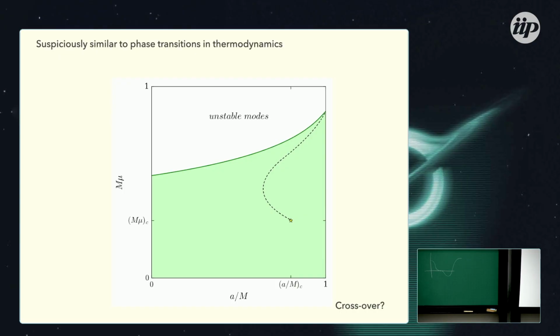Here you have some eigenvalue, and you are ordering the eigenvalues by their imaginary part. And over this line, the imaginary parts of the two eigenvalues are equal, but they change places. What is the lowest eigenvalue here becomes the second lowest eigenvalue here, and vice versa. And this ends at this point where both of them have the same eigenvalue.